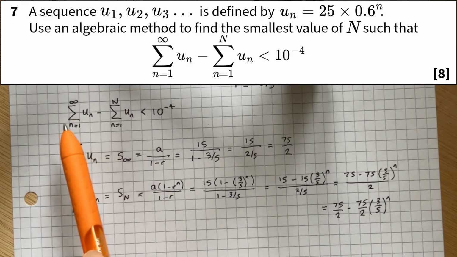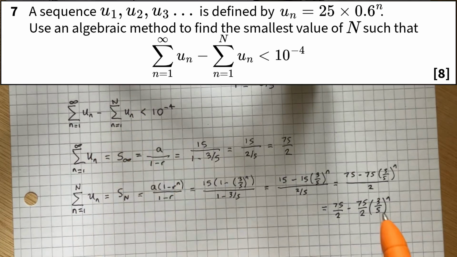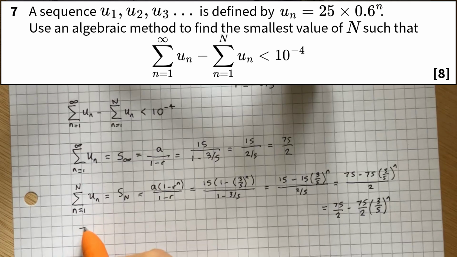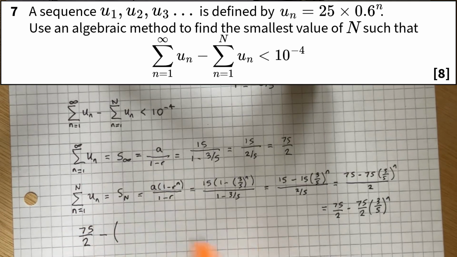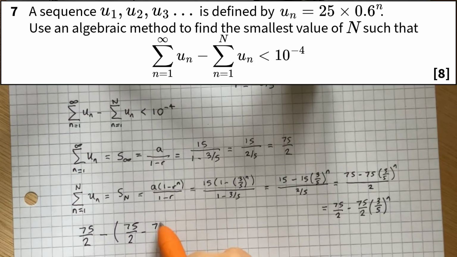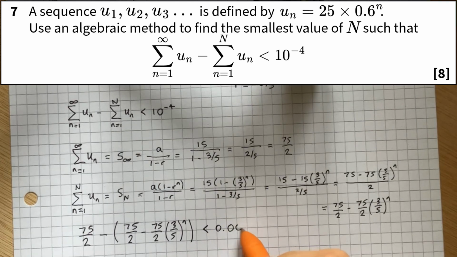So it's the first sum minus the second sum is less than 10 to the minus 4. So 75 over 2 minus this thing should be less than 10 to the minus 4, which is 0.0001.